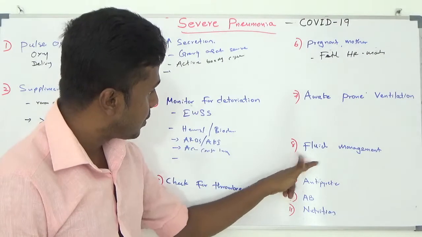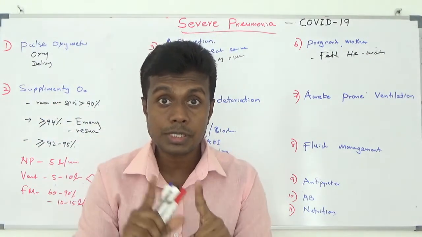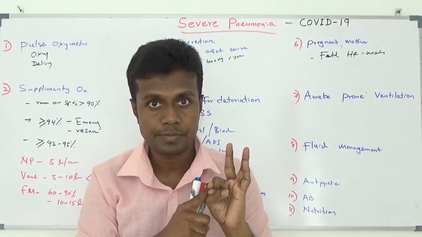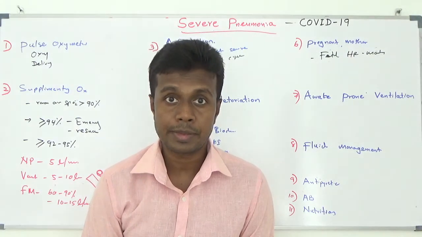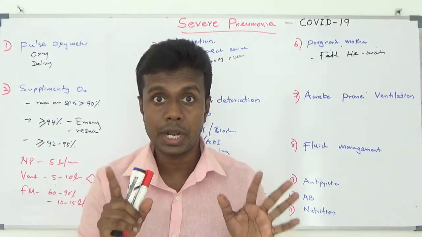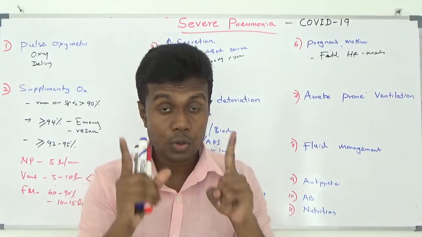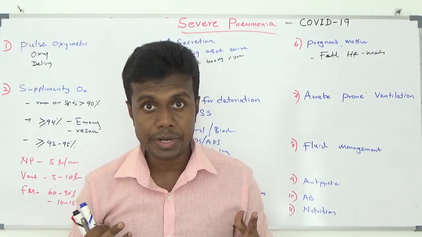Number 8, fluid management. If your patient does not have features of tissue hypoperfusion or hypotension, you have to consider conservative fluid management. That means minimal fluid in order to maintain body function. Why? If you give a larger amount of fluid, your patient can develop pulmonary edema.